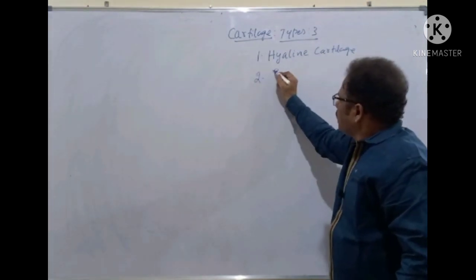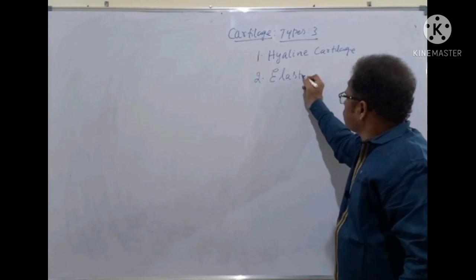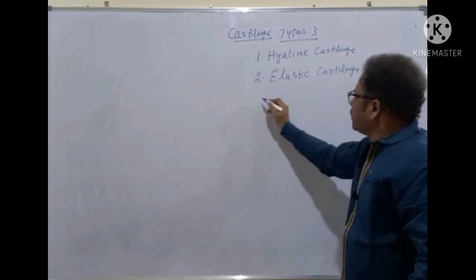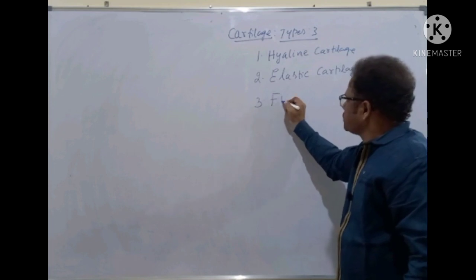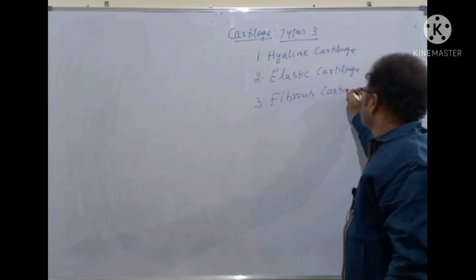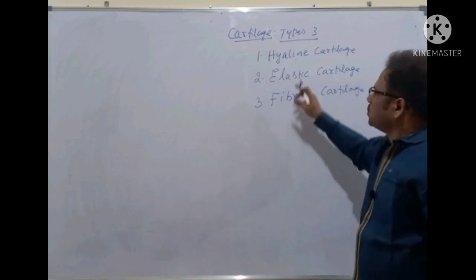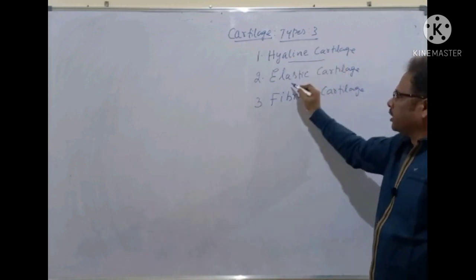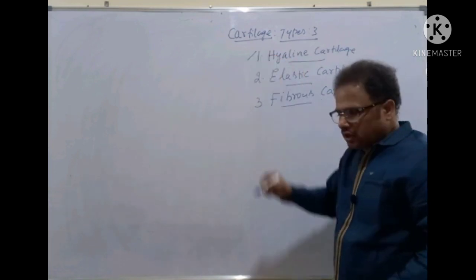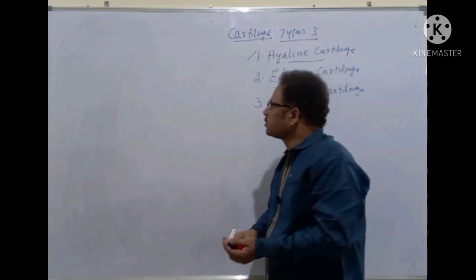Number 2, elastic cartilage. Number 3, fibrous cartilage. So the three types are hyaline, elastic, and fibrous cartilage. First of all, let's discuss the hyaline cartilage.